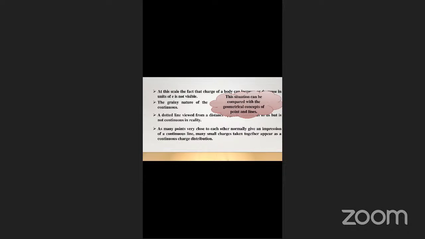Why? Because in this case you can observe that it is only stationary points.